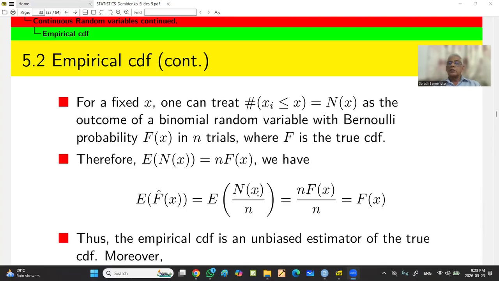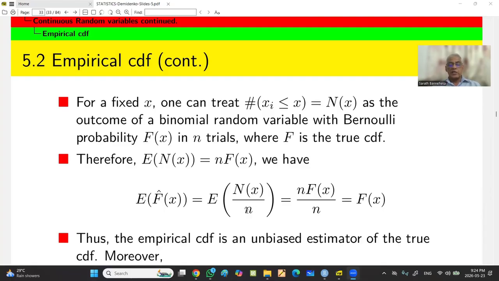So in this particular sample, we want to look at the number of observations less than or equal to the given value x. We are interested in this random variable. We are really interested in the expected value of F hat x, which is equal to the expected value of Nx over n.